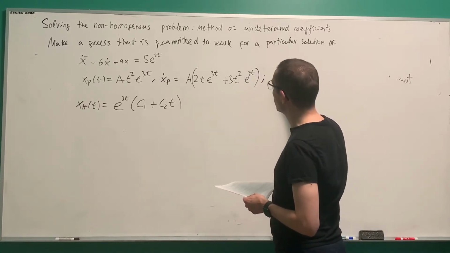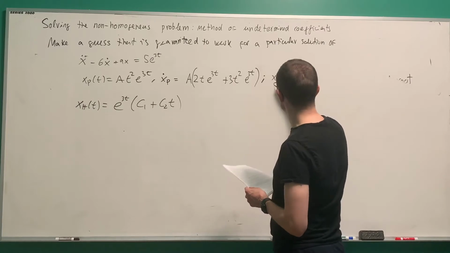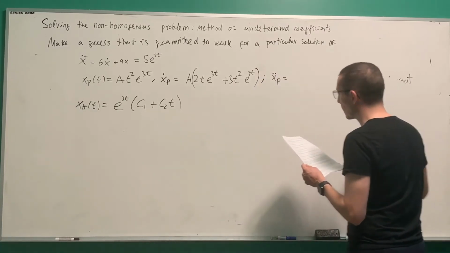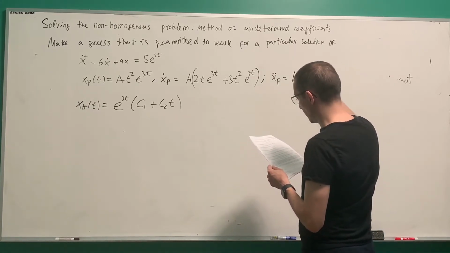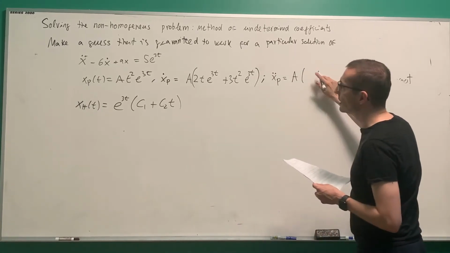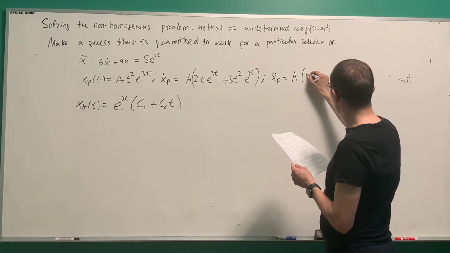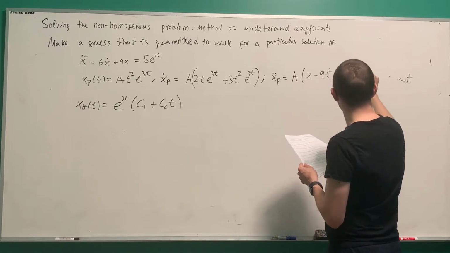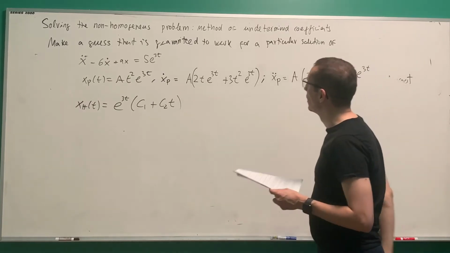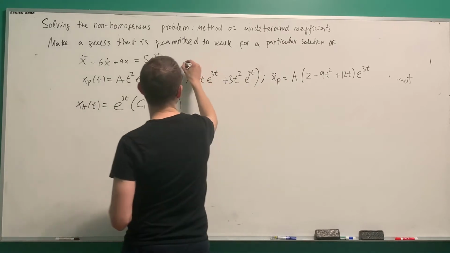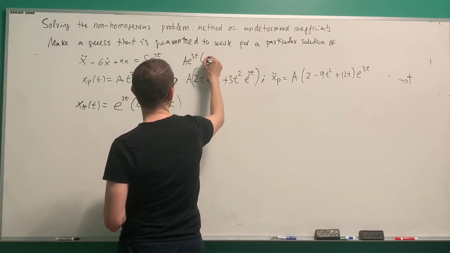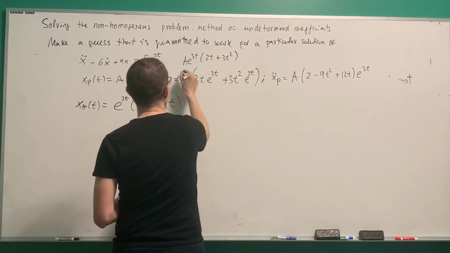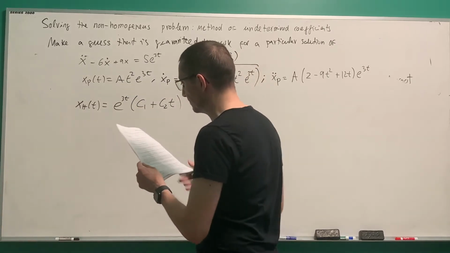And now the second derivative, xp dot dot, is equal to a that multiplies 2 plus 9t squared plus 12t, times e to the 3t. This one, again, is a e to the 3t that multiplies 2t plus 3t squared. This is the same.